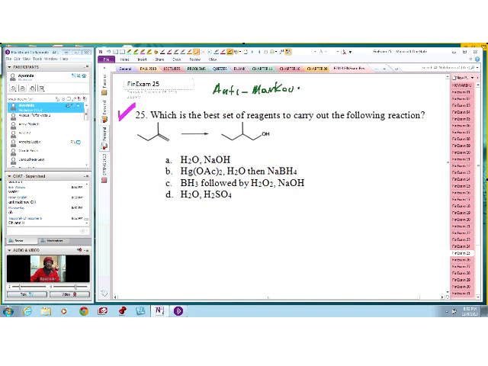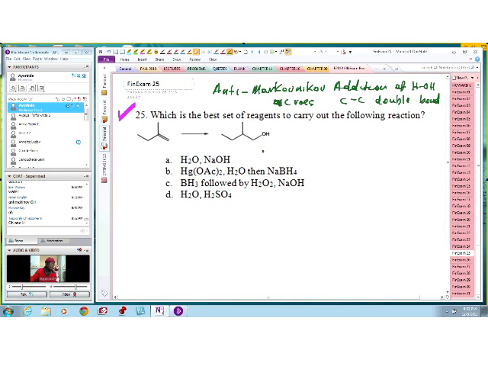Anti-Markovnikov addition of water, at least the elements of water across the carbon-carbon double bond. In this case, hydrogen is going here, and the OH is going here. That is what we have here.